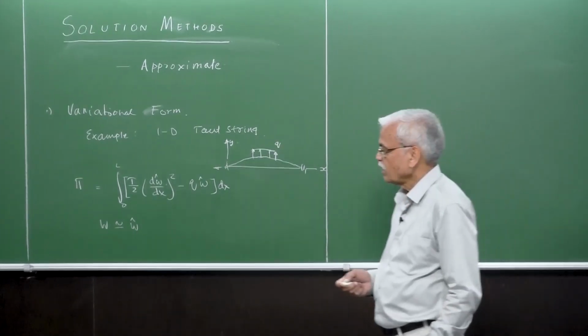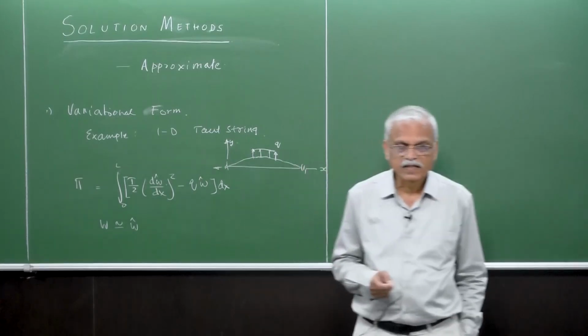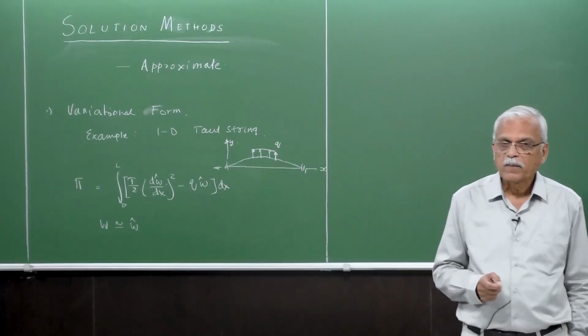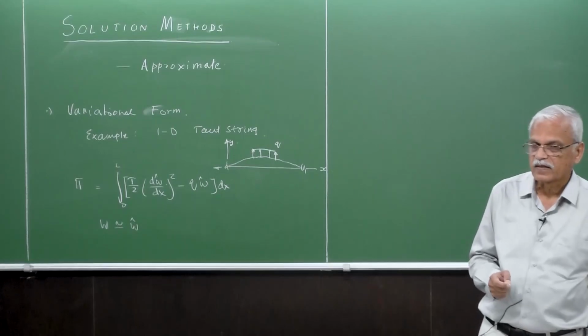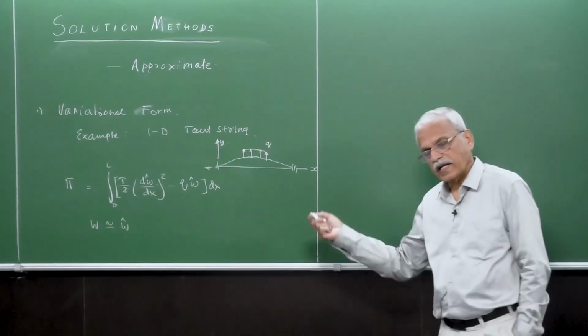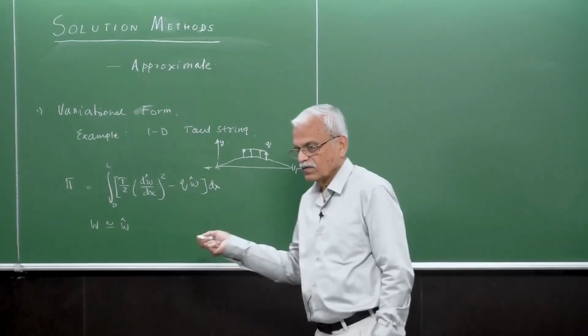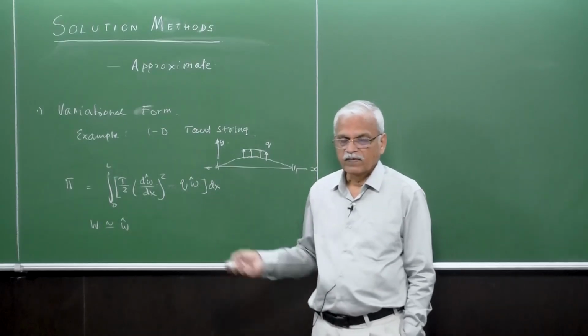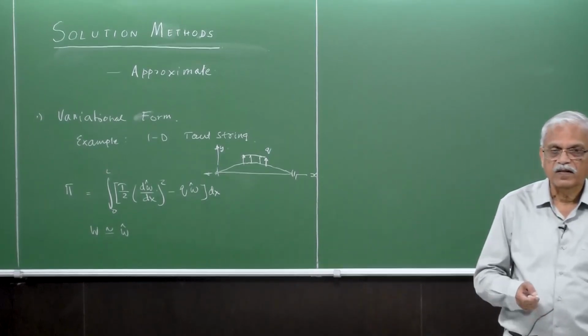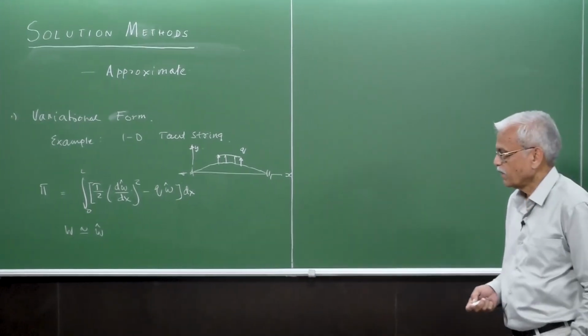So if you recall, we have it as T d square w by dx square plus q equal to 0. That's the differential equation formulation, right? So this solution will be the same as the solution obtained as a solution of that differential equation.